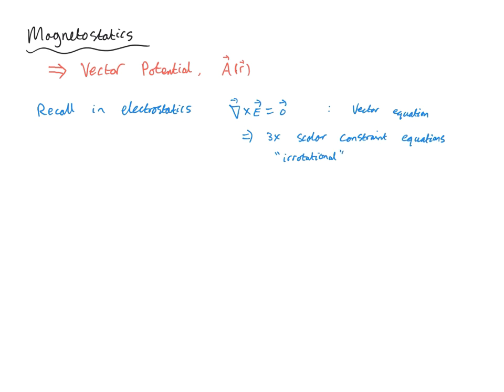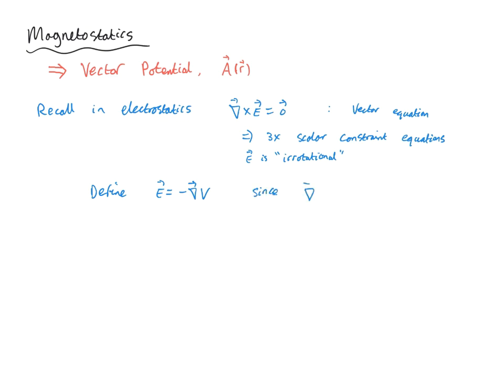And as I mentioned, the electric field is irrotational because of this. So the way we defined a potential for electrostatics was by exploiting this constraint equation. We defined the electric field in terms of the gradient of this thing called the electric potential, V. And we can do that because the constraint equation is automatically satisfied by doing this.